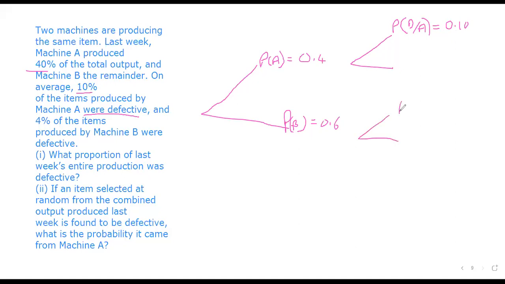So defective coming from where? Machine B. What was the percentage? 0.04. That's one. What proportion of last week's entire production was defective? So they're asking you to find probability of D.